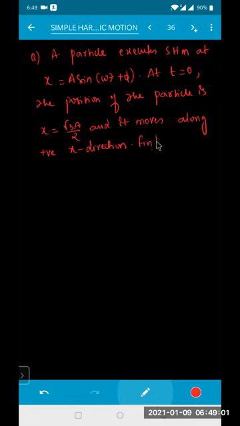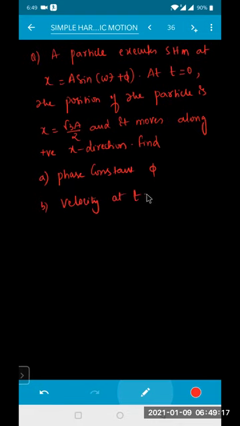Find: number A, phase constant, that is nothing but phi. Number B, velocity at t is equal to pi by omega, and acceleration at t is equal to pi by omega.